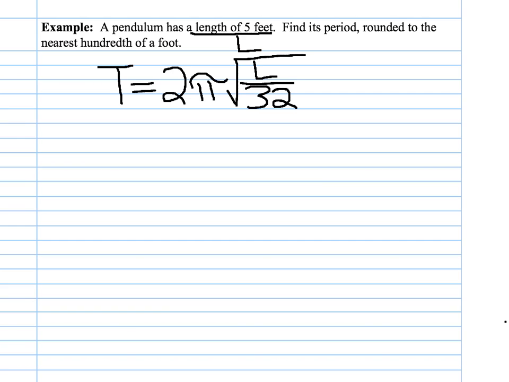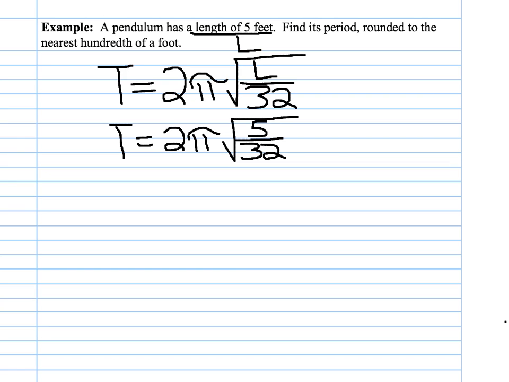If we want to find the period, let's put 5 in for L. So that's going to be 2 pi times the square root of 5 over 32. This can be put in your calculator. Remember, when you put it in the calculator, that pi is actually 3.14, or you can use the actual value for pi by doing second and then your caret symbol.